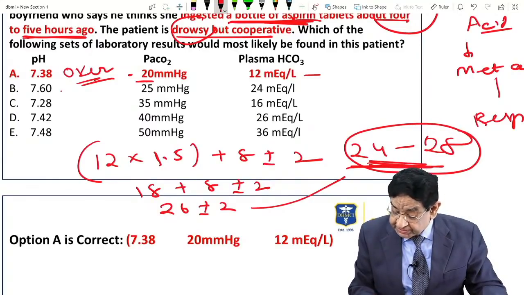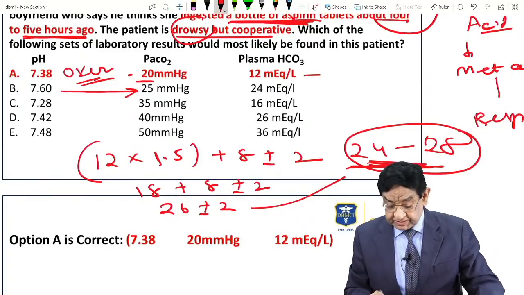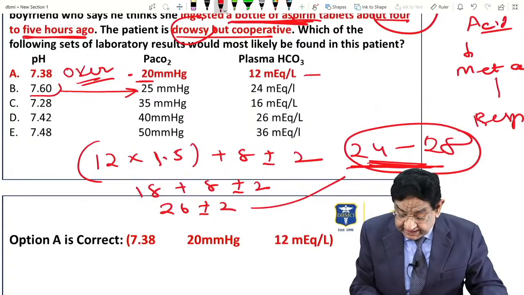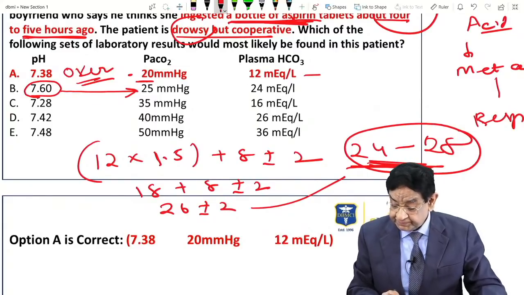What about this? Here we have an alkaline pH.